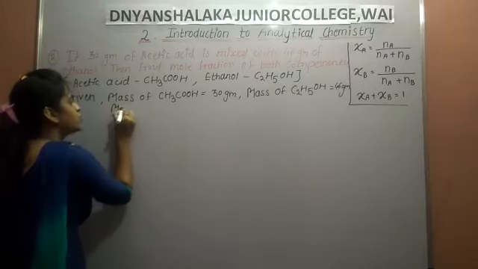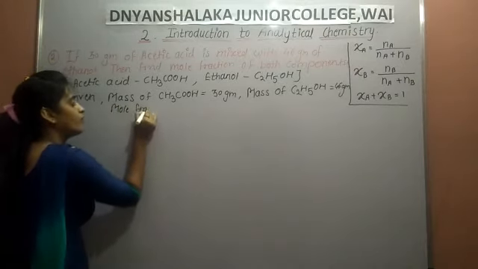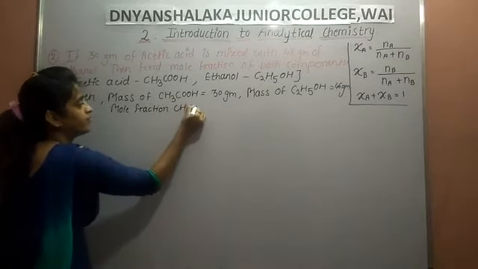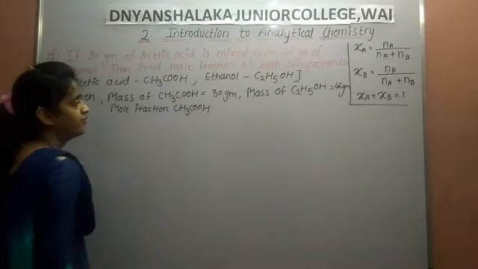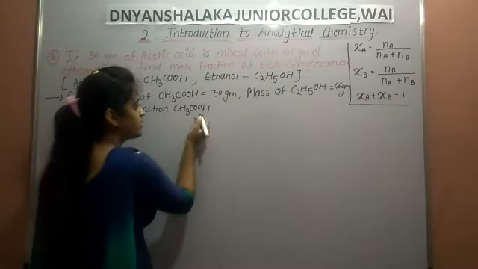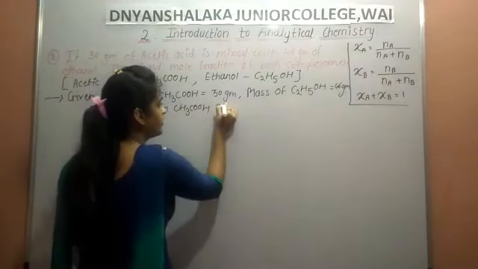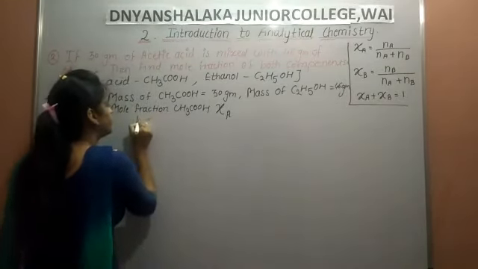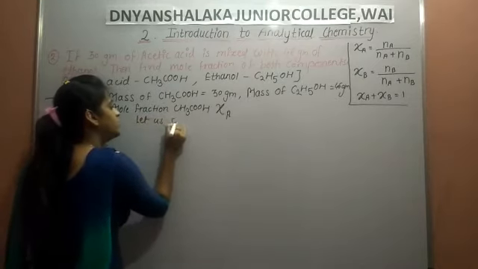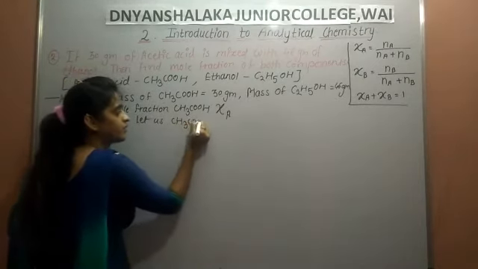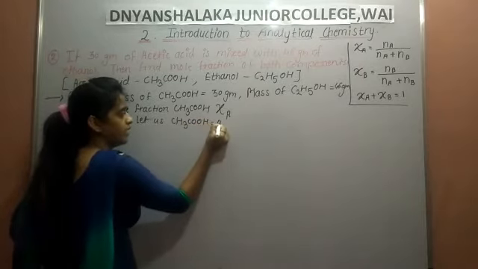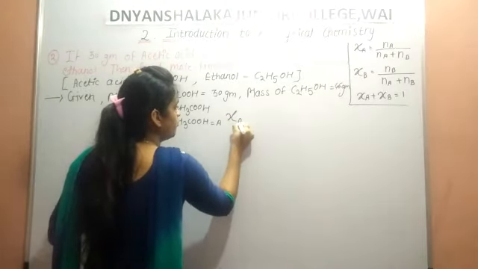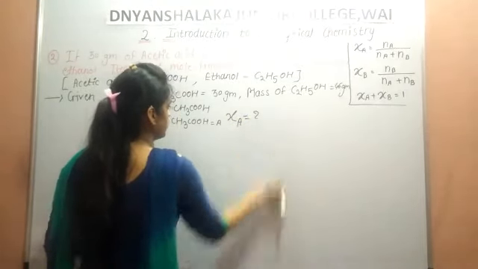Means mole fraction of acetic acid. Let us consider acetic acid CH3COOH as the A component, which we denote as XA. So the formula becomes mole fraction of A equals question mark.